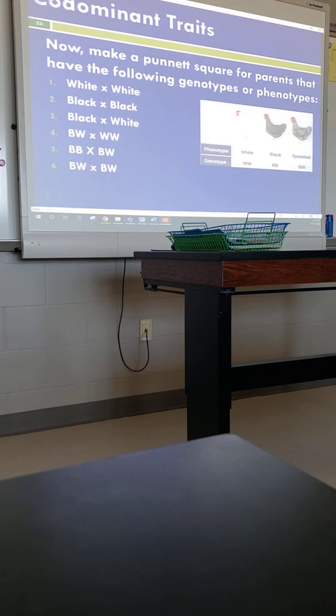Hunter, what do you think? From this cross, how many are going to be speckled? Yep. And then Ava, how many are going to be white? Very good. How many are going to be black, Braden? From this cross here that we did on the board. Wait, black?